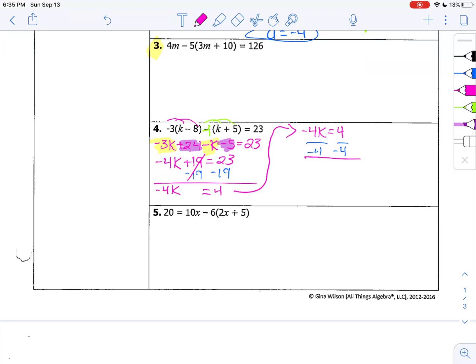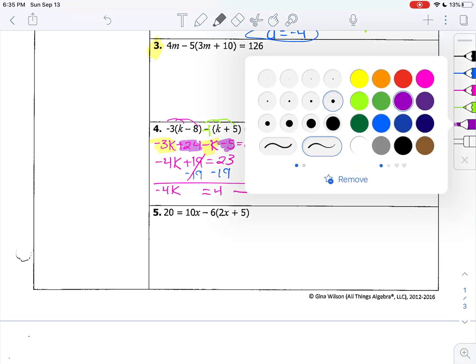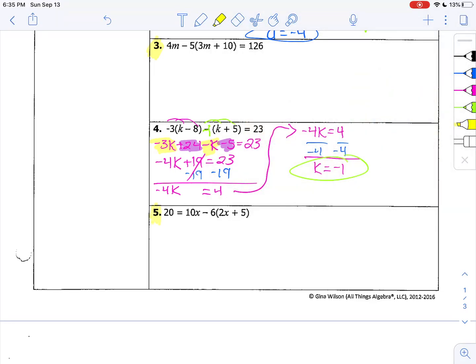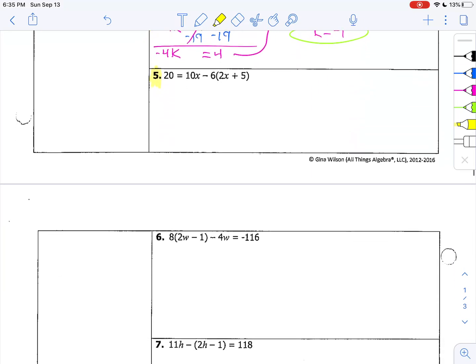Negative 4k divided by negative 4 is k, equals 4 divided by negative 4 is negative 1. So I have a final answer of k equals negative 1. And remember, you can take this and plug it back into your equation to check to see if your answer is correct.